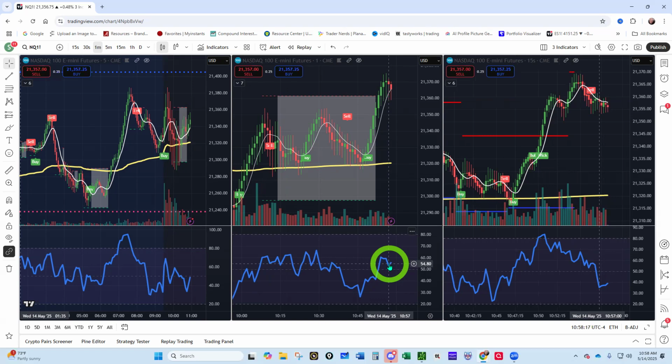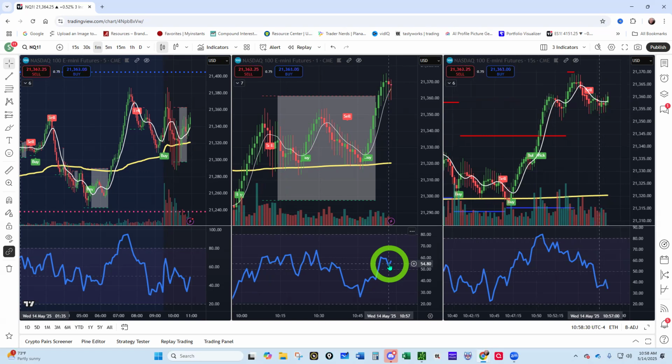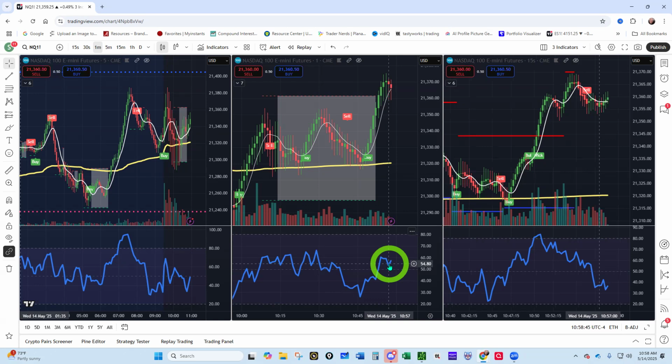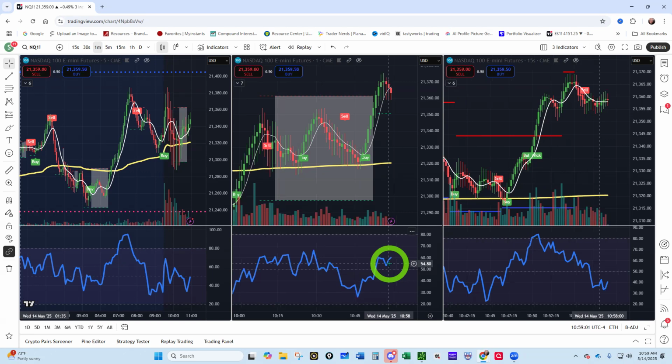E-mini's back at VWAP, just above it. Buy signal on the 15. Maybe we'll get a buy signal on the one here in a second.